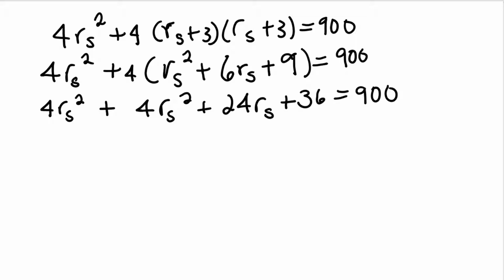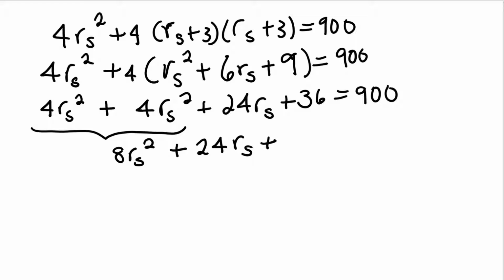On the left-hand side, we can combine the two 4RS squared terms. So we have 8RS squared plus 24RS plus, and let's set that equal to 0, so 36 minus 900 is negative 864.